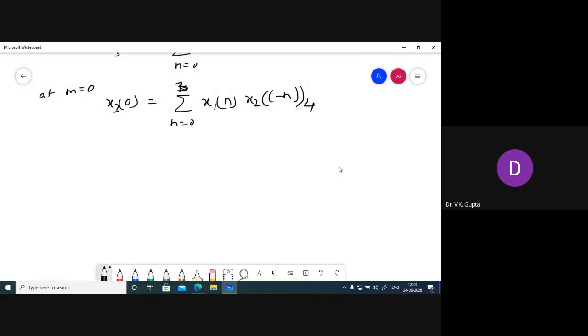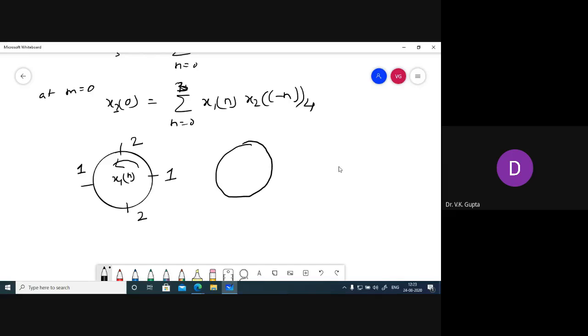Let us do this on the circle, since it is circular convolution and all the operations are done on the circle. This is your first sequence x1(n), with 4 points here, and this is the positive direction. x1(n) is 1 2 1 2.